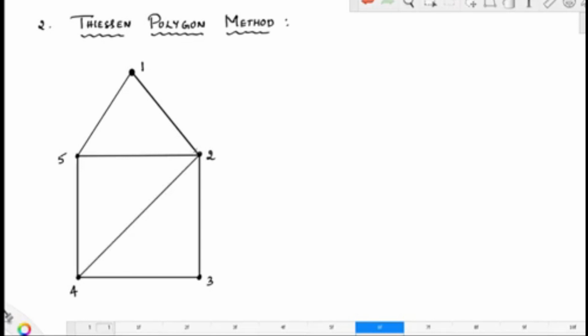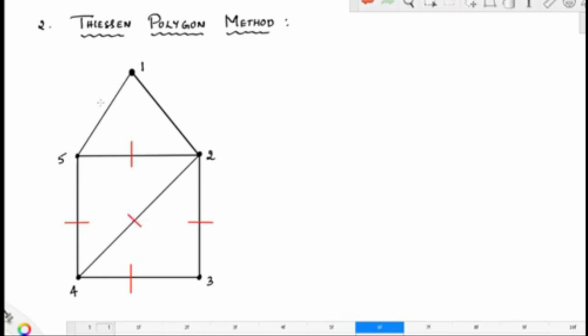So joining is over. Now you have to draw perpendicular bisectors. Perpendicular bisectors to all straight lines joining stations, you have to draw. Okay.